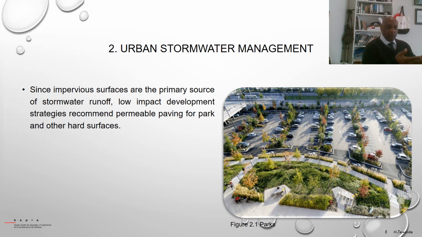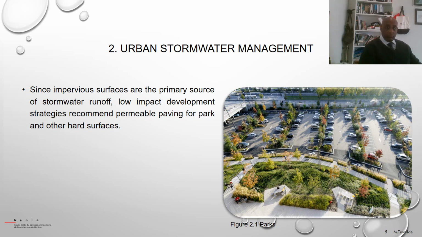We leave some kind of a space that is natural, and then the water can easily enter into the ground surface, allowing the water to enter into the groundwater system. That drastically reduces the rainfall volume.